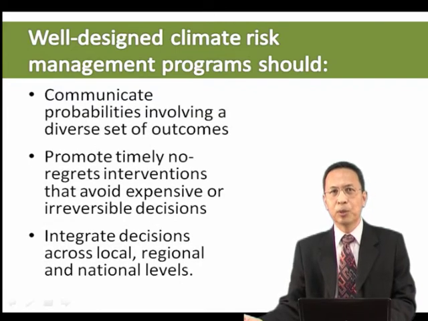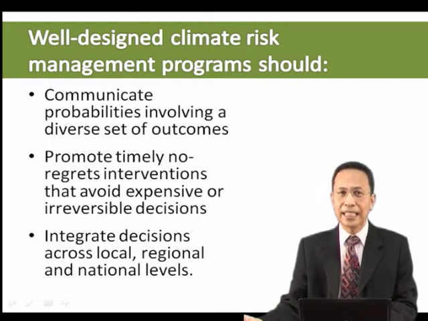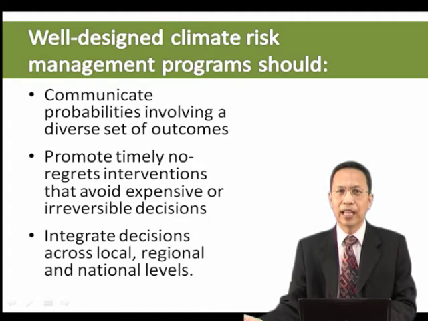They should also be able to communicate probabilities involving a diverse set of outcomes, promote timely no-regrets interventions that avoid expensive or irreversible decisions, and integrate decisions across local, regional, and even national level.